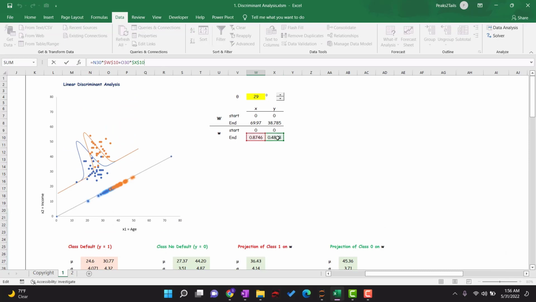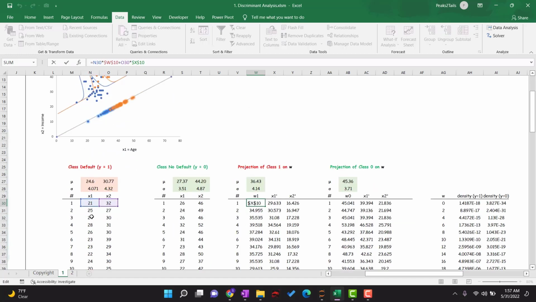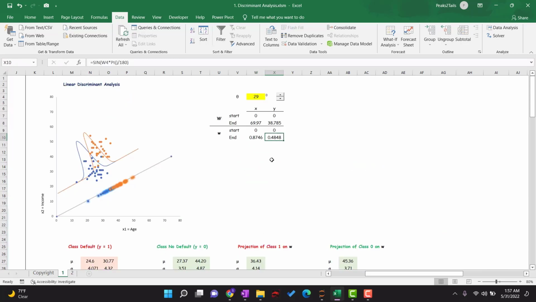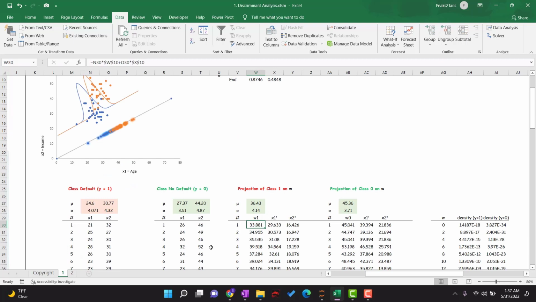This value that you are seeing is the unit vector along W, and projection will simply be the dot product. What is the projection of this vector on W? It is this vector dot W hat. So this is simply 21 times this plus 32 times this. That is what the projection is.